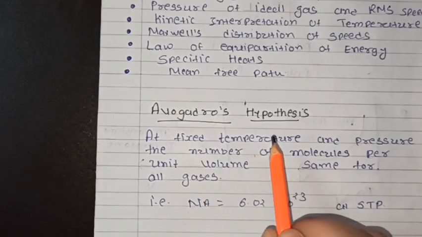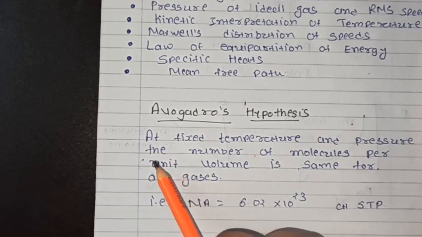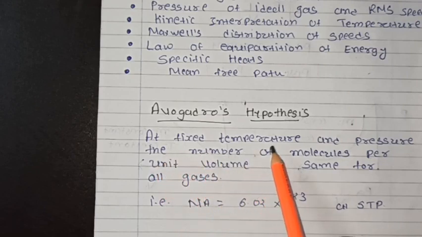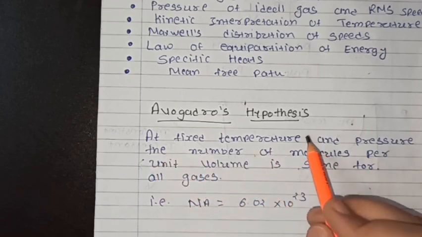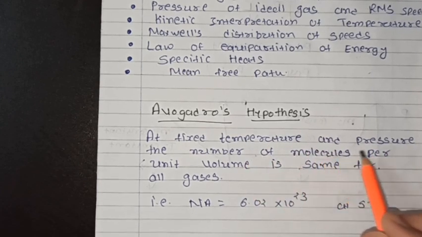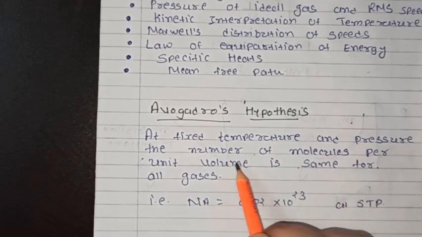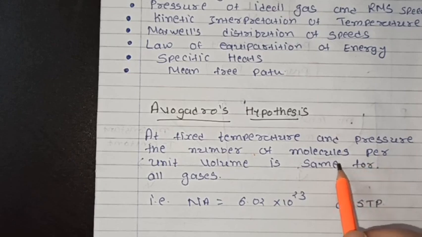Avogadro's hypothesis says that at fixed temperature and pressure, that is temperature and pressure are constant, the number of molecules per unit volume is the same for all gases.